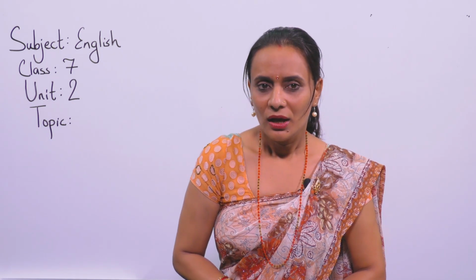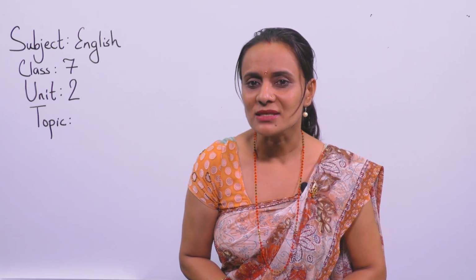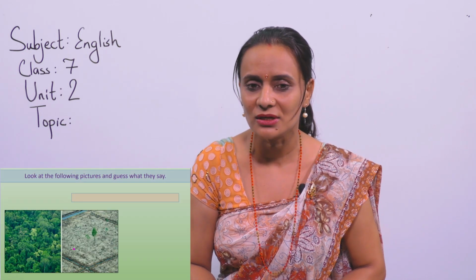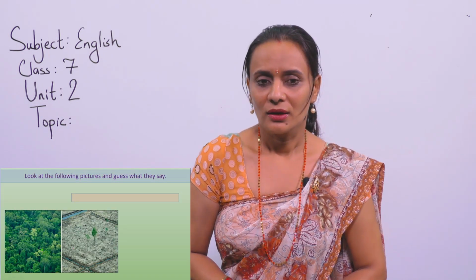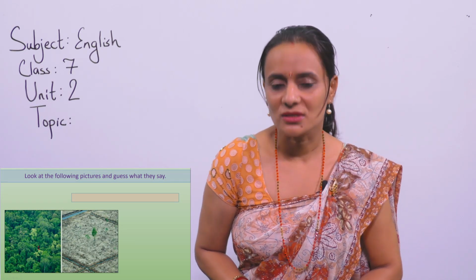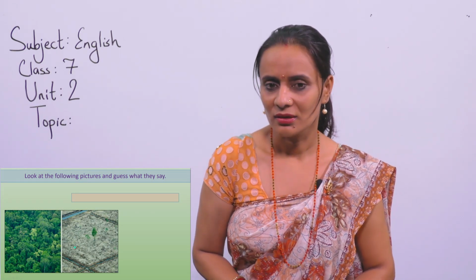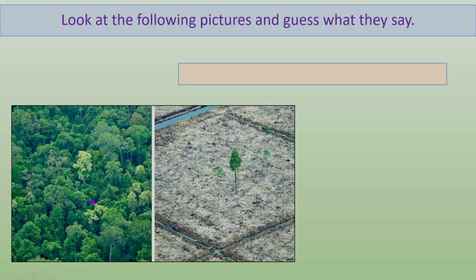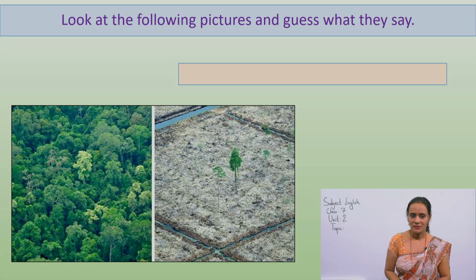Okay. Look at the following pictures and guess what they say. You have to guess, my dear students. Now see it here. In these two pictures, what can you see? In the first picture, you can see the dense forest, the thick forest, and there are so many trees here.